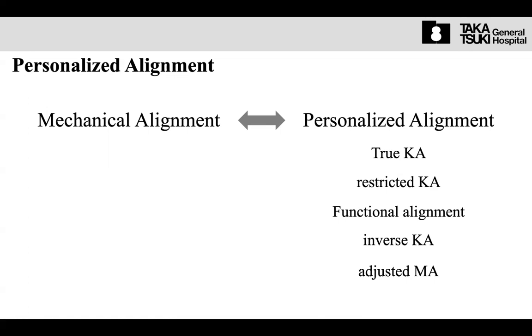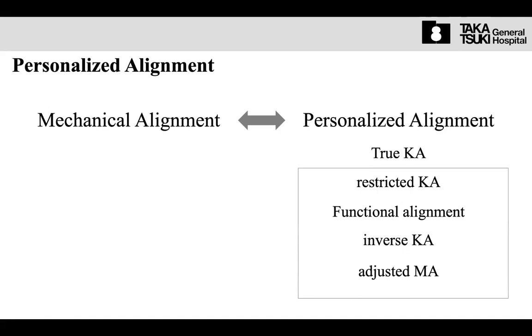That might be very flexible, but it can be in the group of personalized alignment, because adjusted mechanical does not aim for the ideal single goal but allows a slight variation of alignment. But basically, the tibial side should be perpendicular. That is mechanical alignment.